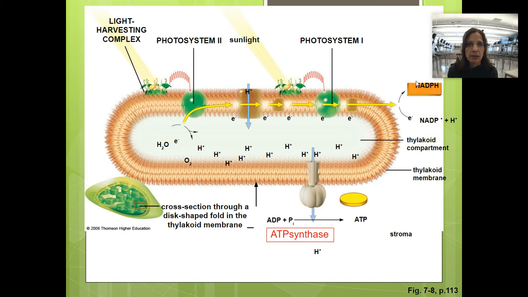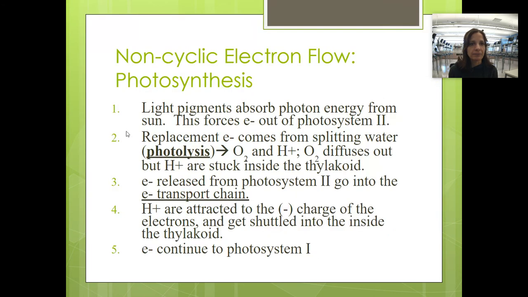So NAD is in cellular respiration, NADPH is in photosynthesis because of the P. So this is part of your energy. And then remember, all of these hydrogen ions build up and they go down their concentration gradient through ATP synthase to make ATP. So water, remember, is going to get broken apart, and it's going to donate its electron so that this whole system, the electron transport chain, can keep going, and oxygen then is going to diffuse out.